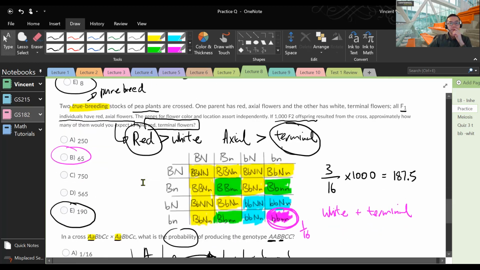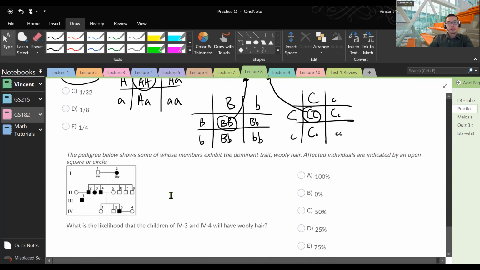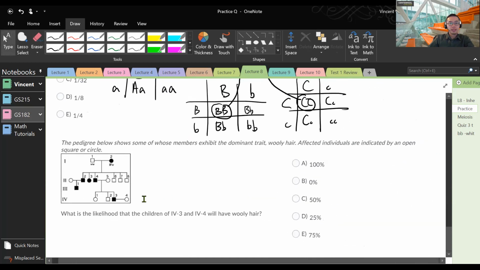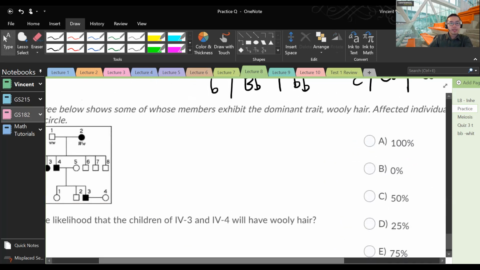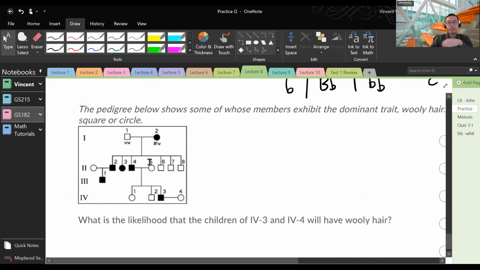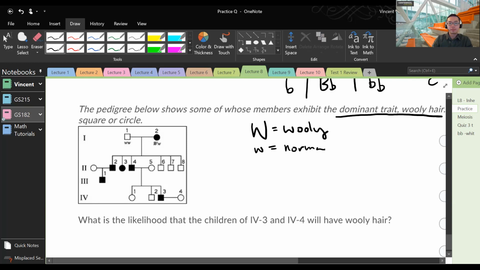Let's do one more. Let me see if I can make this bigger. Here we have a pedigree, and there's a dominant trait, something called woolly hair. So big W is woolly, and I suppose small w is normal hair.